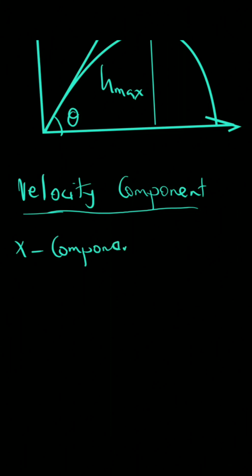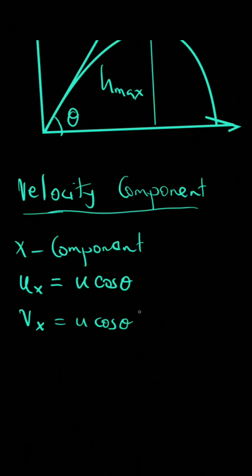For the x component, look at the initial and the final velocity components. If you remember, both the initial and the final are the same because it is constant. The formula was u cos theta, which we showed using trig. So for the final, it's also the same, because initial and final are the same for the x component.